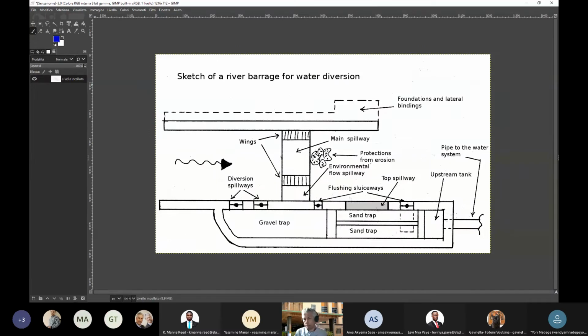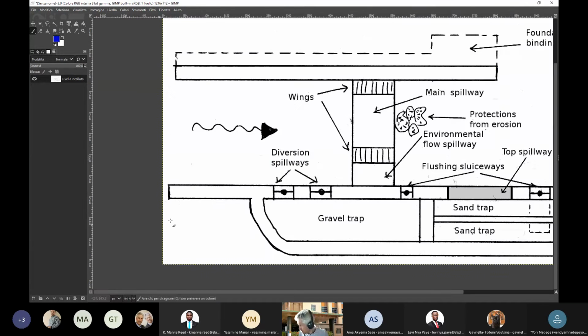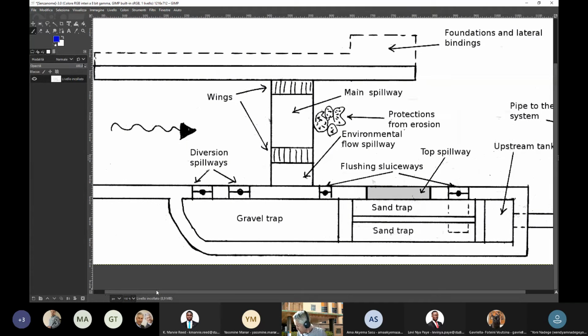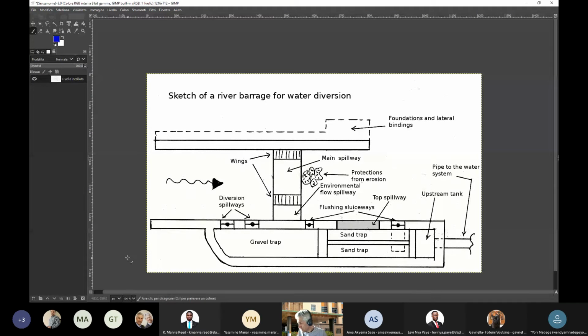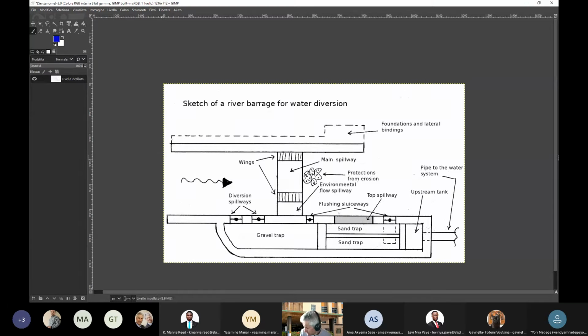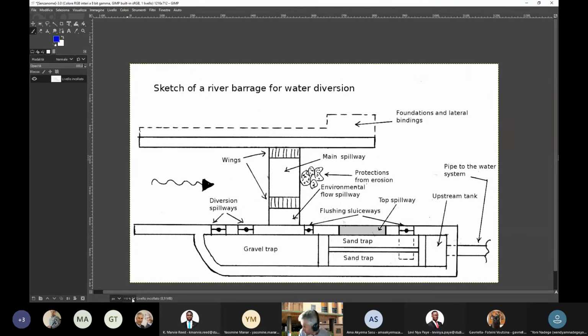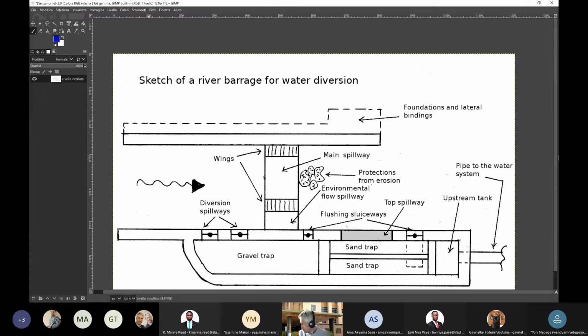Okay, let me just expand it a little bit. Good. Now it's the correct size.